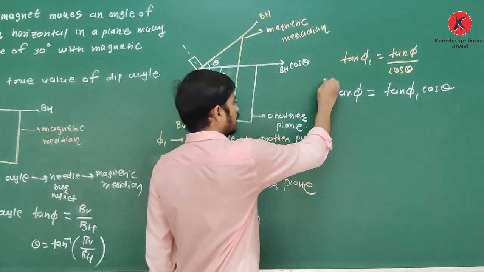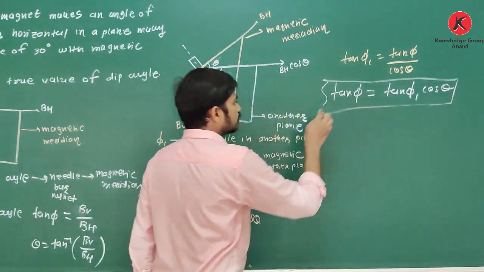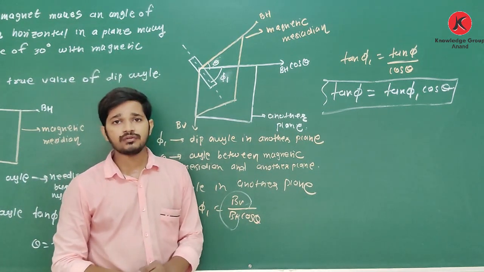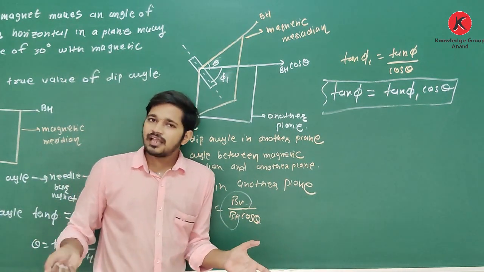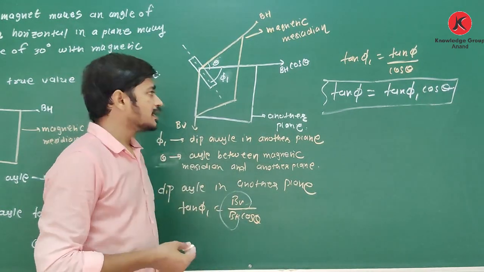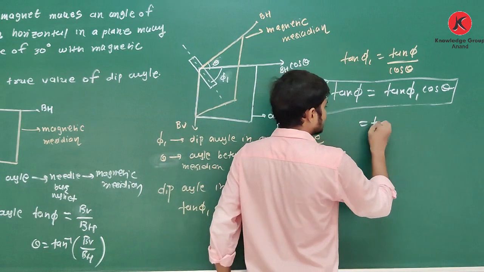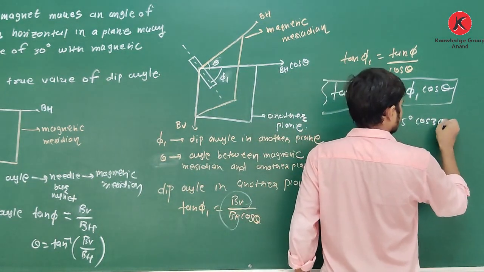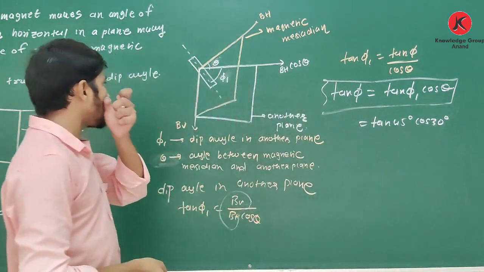So you have to remember this equation: the true dip angle tan phi is equal to tan phi 1 cos theta, where phi 1 is the dip angle in another plane, and theta is the angle between the magnetic meridian and the other plane. Clear about this? You have to put the values, tan 45 and cos 30.